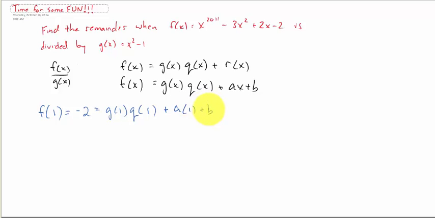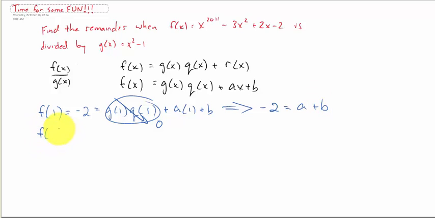Okay, now let's look at why this is good for us. Why did I pick 1, and why is it important that g of x is a function that has 1 as a 0? Well, look at this part right here. That effectively goes to 0, which leaves us with the equation negative 2 equals a plus b.